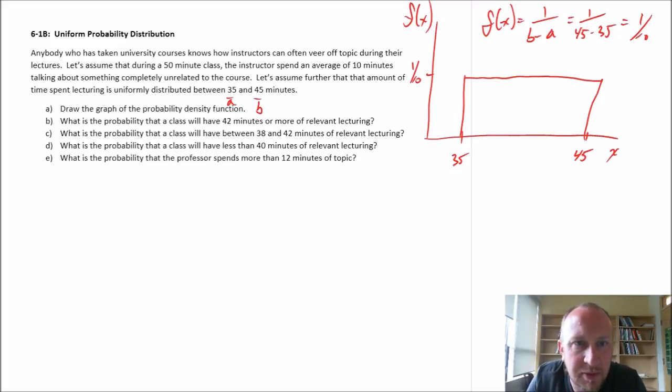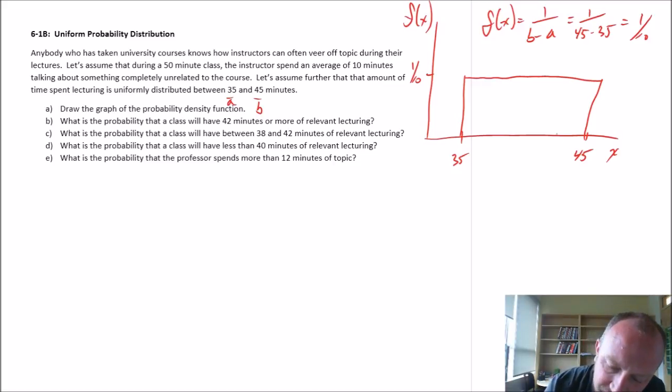Good. What is the probability that a class will have 42 minutes or more of relevant lecturing? So here we're going to calculate the area under this curve, because this is how probabilities are calculated when we're working with density functions. Probabilities are represented by the area under the curve.